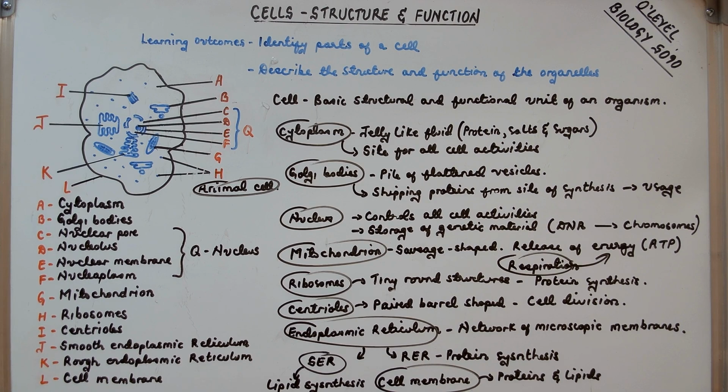When you look at the components that may want to enter the cell, gases can easily diffuse in and out. For example, oxygen can easily diffuse into the cell, and carbon dioxide leaves the cell. Water can easily enter the cell via osmosis.